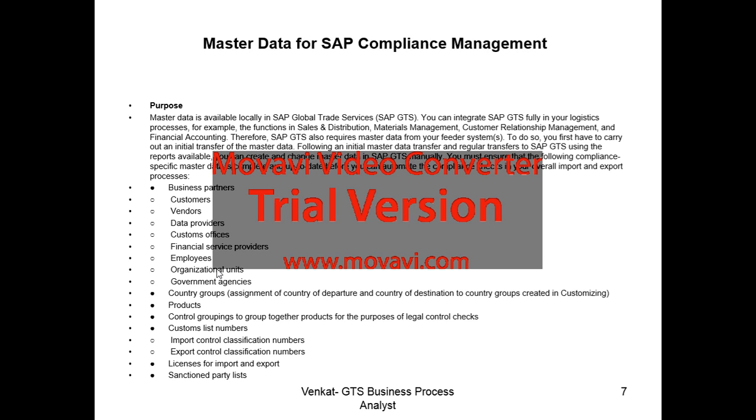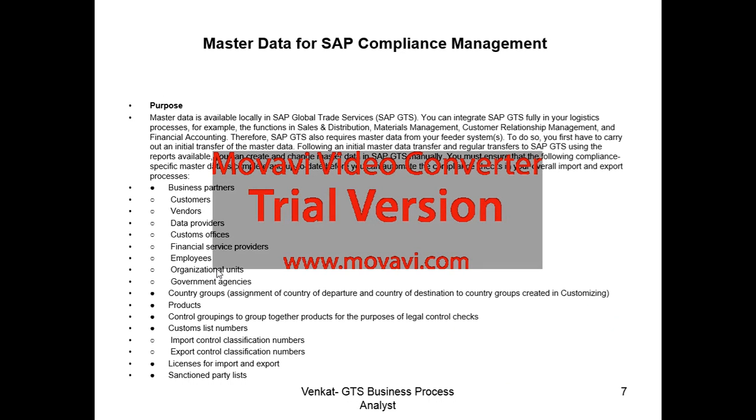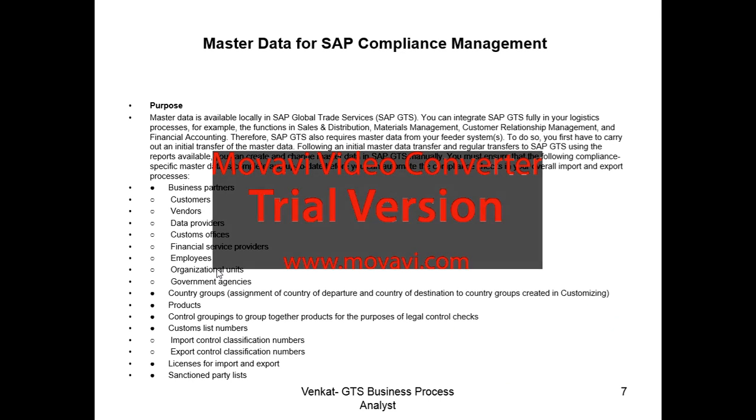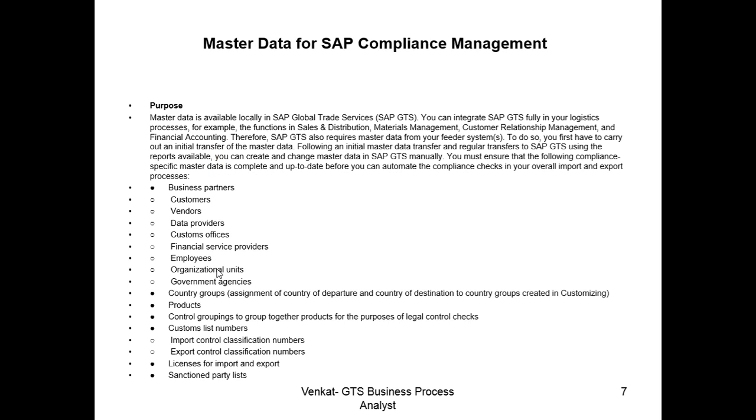What is the transaction code for the business partner? BP itself is the transaction code, short for business partner. BP is the transaction code to create the business partner record in the system.